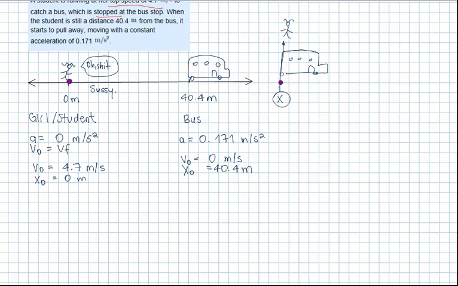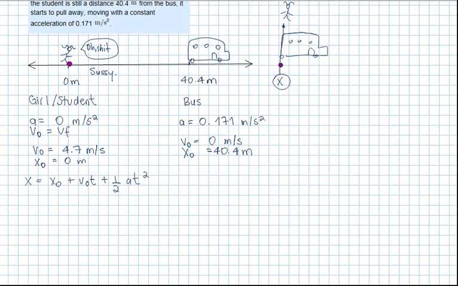So we're going to use the first equation that our teacher gave us: x final is equal to x initial plus initial velocity times time plus 1/2 acceleration times time squared. For Susie, we want to get her to a point where the x final of the girl is equal to the x final of the bus, because we want them at the same point.